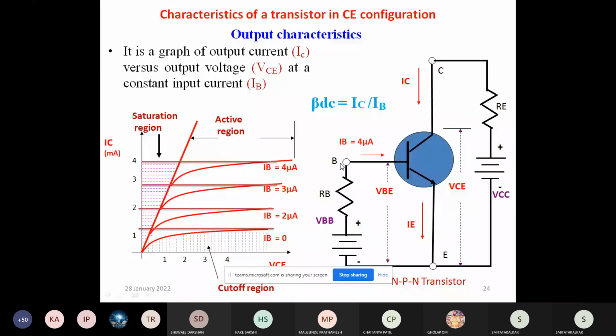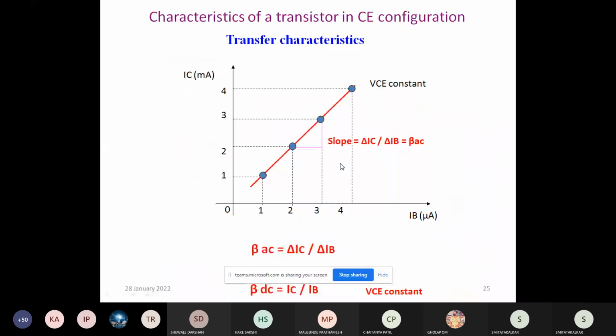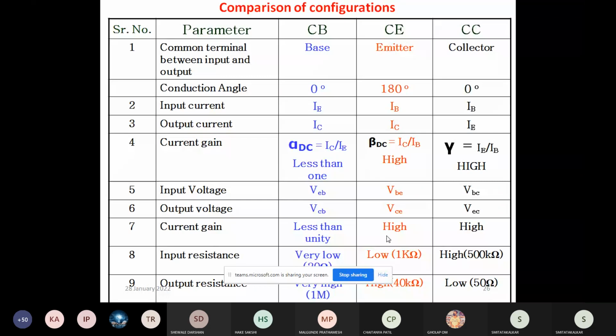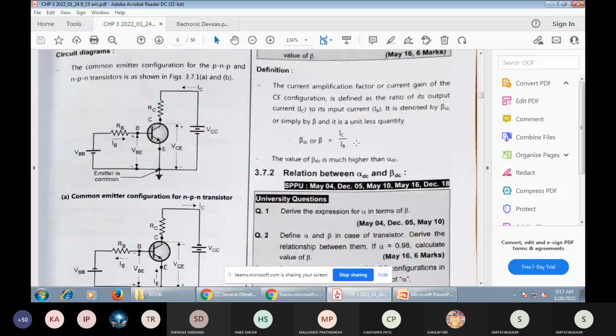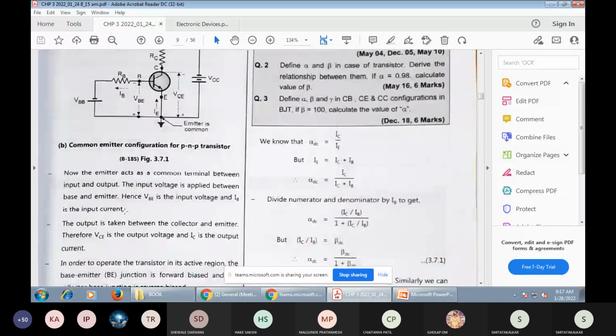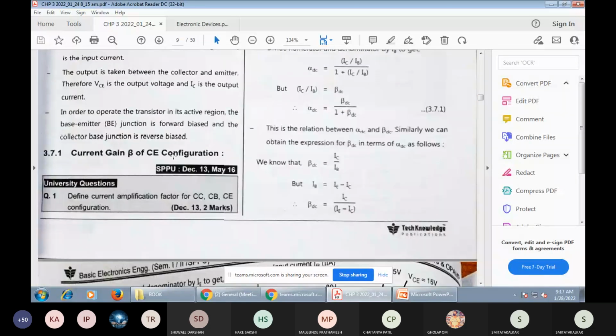That's why here the slope is the rate of change of collector current divided by base current. You can see the beta DC equation; this is how we find the current gain beta in the CE configuration.